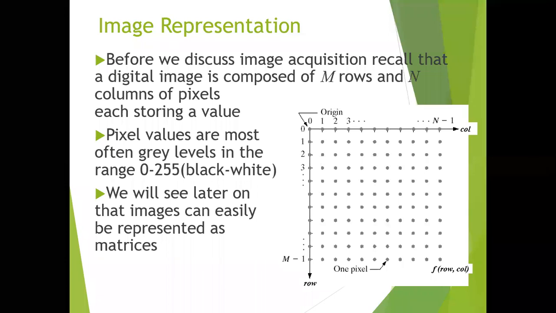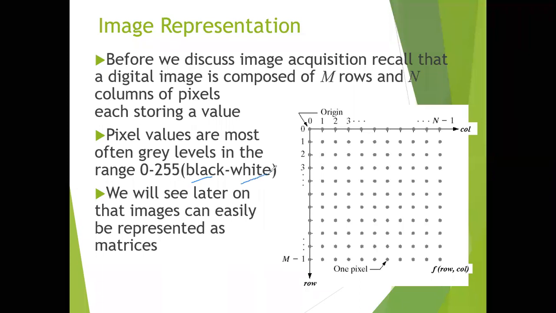Generally, if we use an 8-bit ADC, the values range from 0 to 255. 0 represents the black color, and 255 represents the white color.